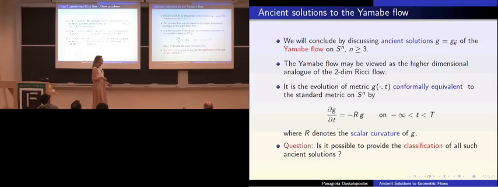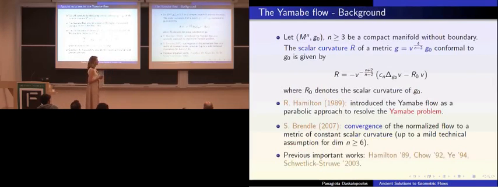This was introduced by Richard Hamilton as a tool to prove the Yamabe problem, which was actually solved by elliptic methods. Simon Brendle, Schoen, Ye, Chow, and Struwe have important results regarding the convergence of the Yamabe flow to a sphere.